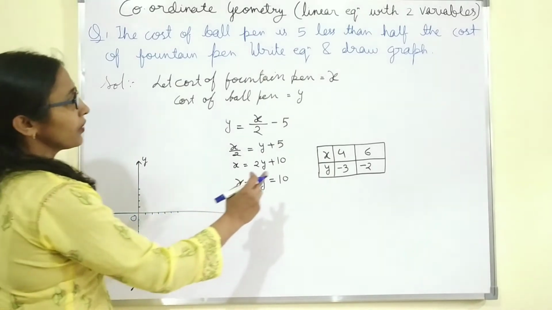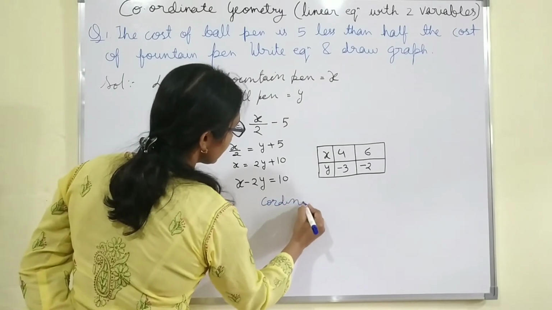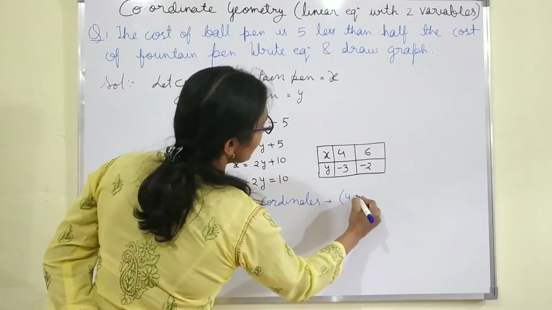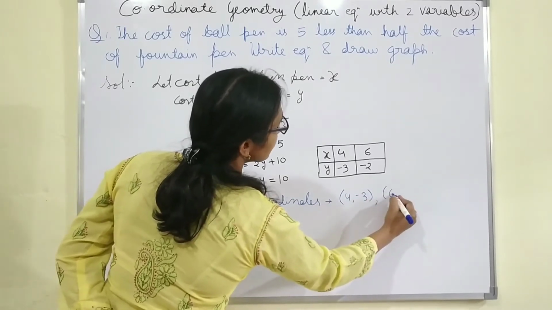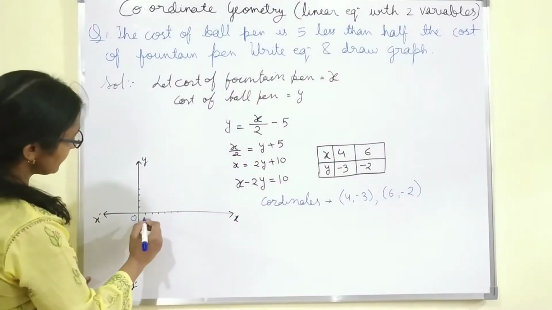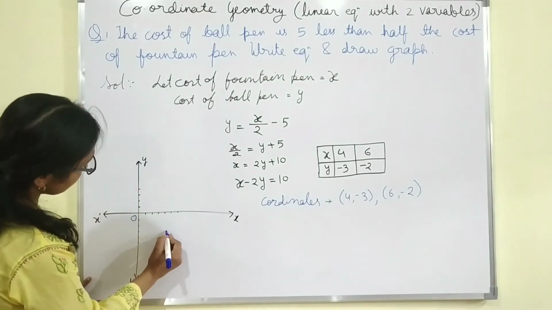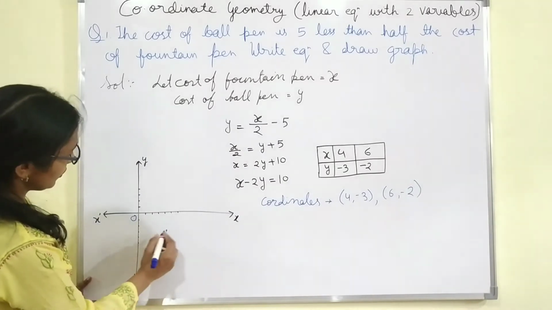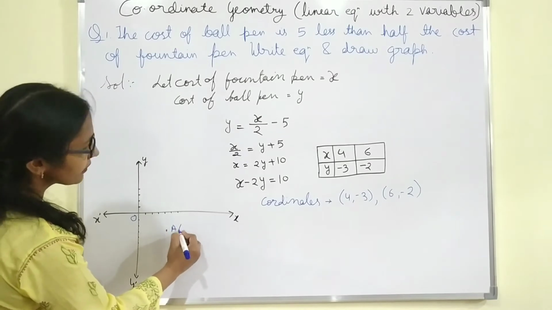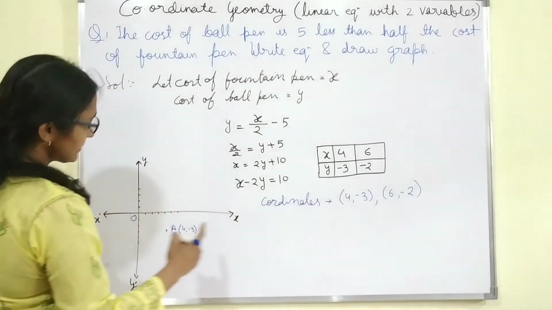So our coordinates are (4, -3) and (6, -2). So 4, minus 3: 1, 2, 3, 4, and minus 3. We got point A. Next coordinates are 6 and minus 2.